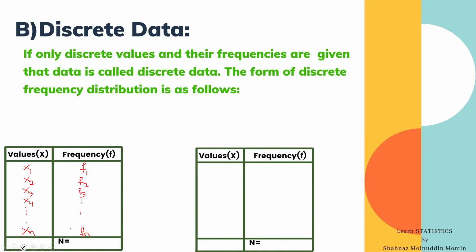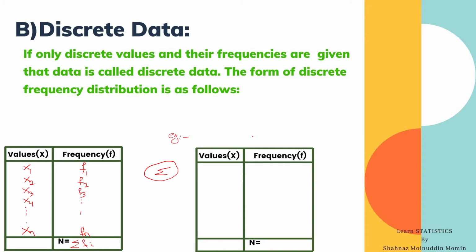Here n is the sum of frequencies, summation fi, where sigma is a Greek letter used to denote the summation of observations.